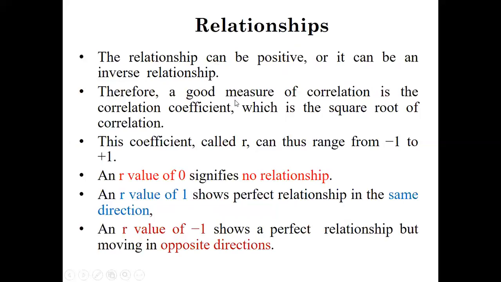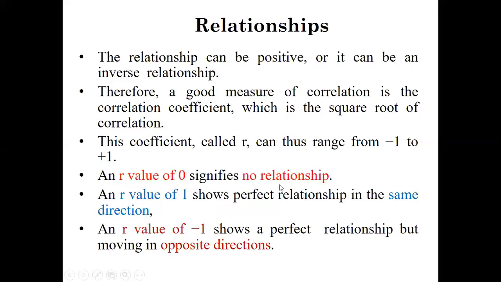So therefore, a good measure of correlation is the correlation coefficient. What is this correlation coefficient? It is nothing but the square root of a correlation. So correlation values can range between -1, 0 and +1. When r is 0, there is no relationship.